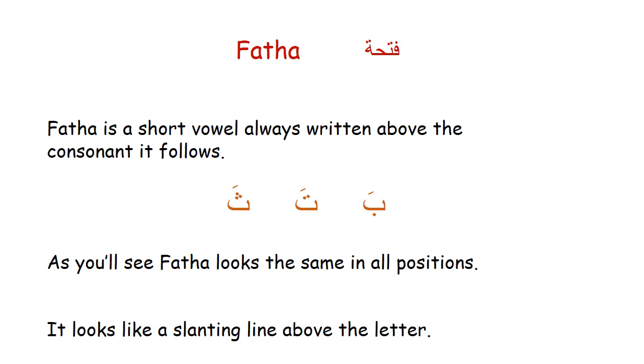Fattah is a short vowel always written above the consonant it follows. As you will see, Fattah looks the same in all positions. It looks like a slanting line above the letter. It represents a short vowel A, as in at.